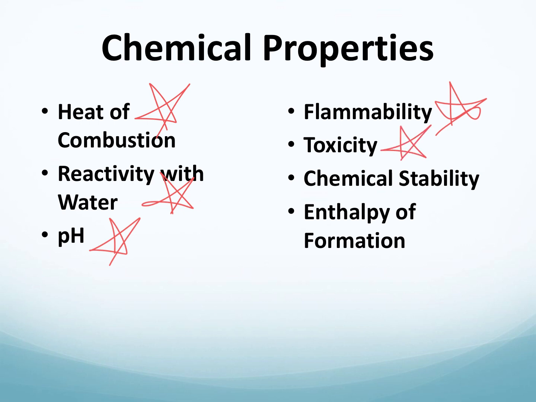Toxicity, so this is talking about like humans if we ingest it. Chemical stability, so in oxygen, is it going to break down or corrode over time, or is it really stable? Things like gold are really chemically stable. And then the enthalpy of formation, that's how much energy does it take in order for that chemical to form in the first place.